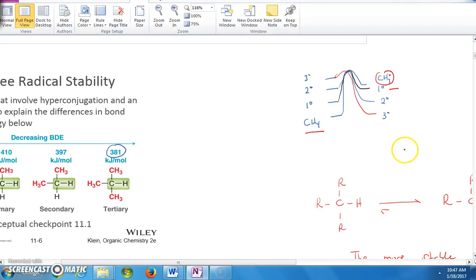It's going to be very, very large, because if you follow this blue line, you can see that right here the energy is the largest. The reason is that the methyl radical is unstable.